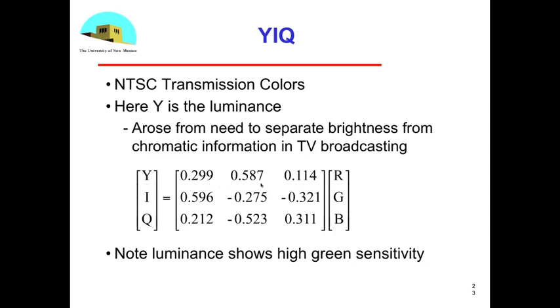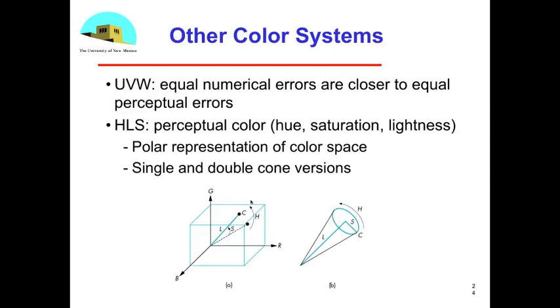Notice the emphasis, where essentially 60% of it is in the green range, and that's again realizing that what people see as brightness depends so much on the green, because that's the nature of the cones in our eye, and it's least sensitive to the blue, and the red somewhere in the middle. Okay, and the I and the Q are two values on the sides. They could have been two other values, but these are the values that were chosen by NTSC.